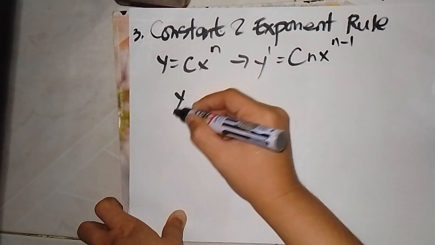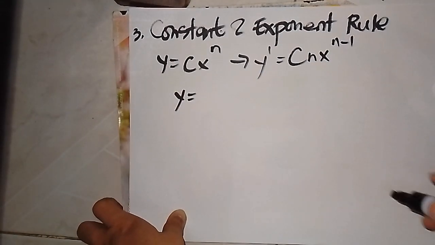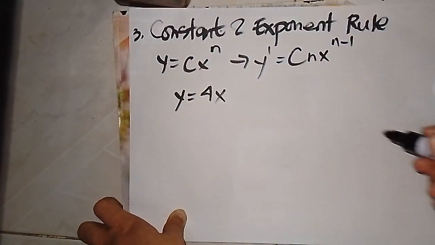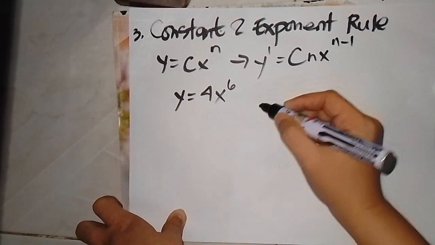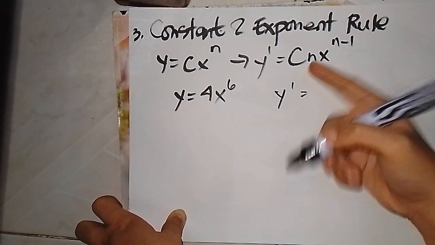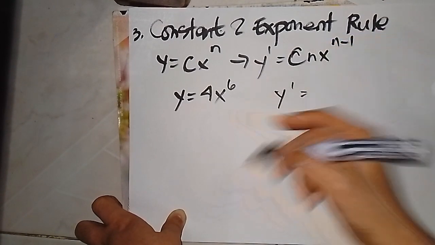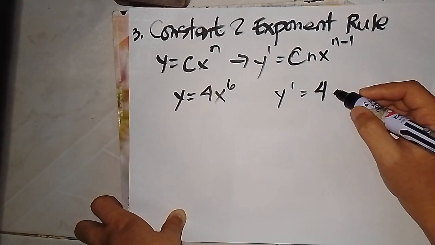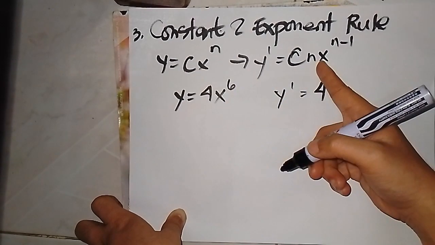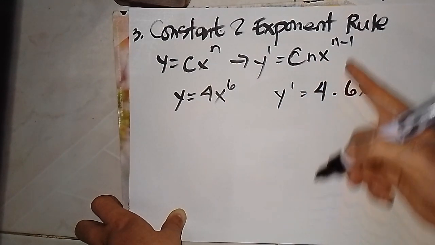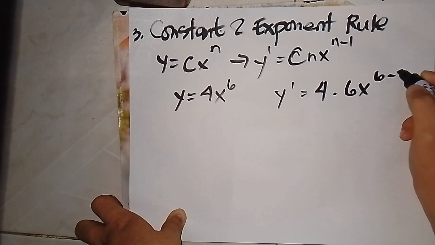So let's have an example. If your y is equal to 4x raised to 6, the derivative will be y prime. Our c is 4, multiplied by our n, which here is equal to 6, copy the x, and then n minus 1, so we have 6 minus 1, which is 5.